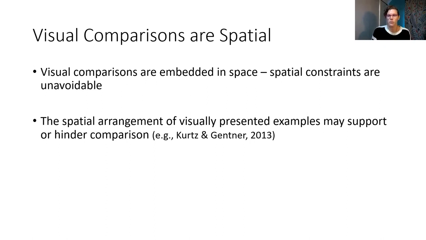Once you make something visual, it has spatial properties, it has spatial structure that affects the visual comparison, right? So these spatial constraints are unavoidable if we're talking about visual comparisons. And if that's the case, then we really need to consider the spatial arrangement of these visually presented examples because it's going to potentially affect whether we are supporting or hindering a comparison.